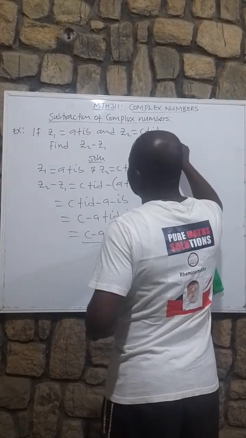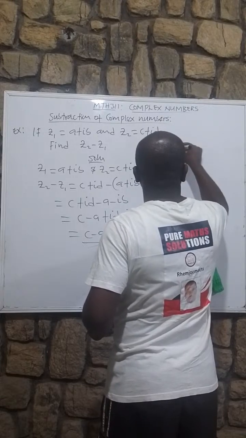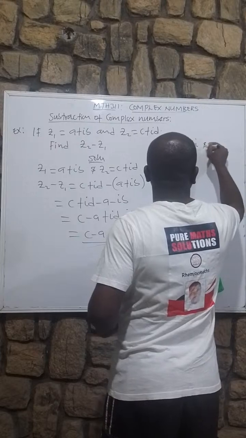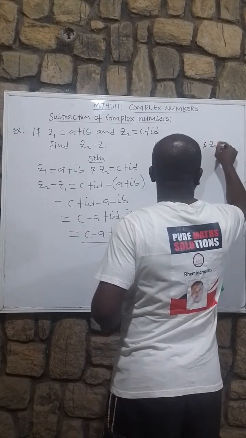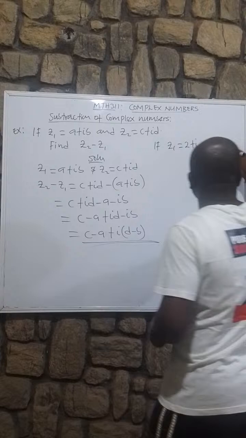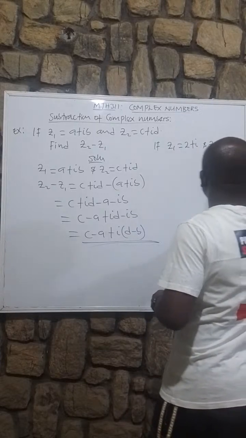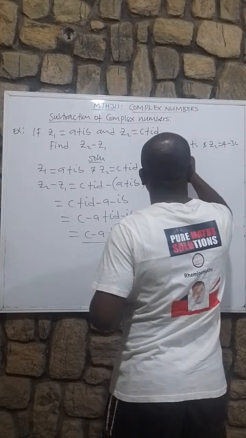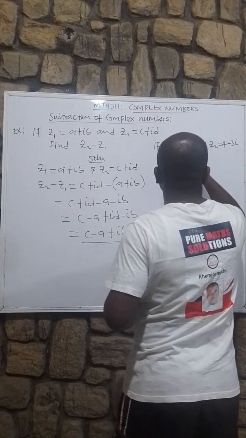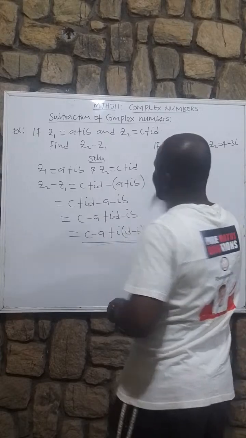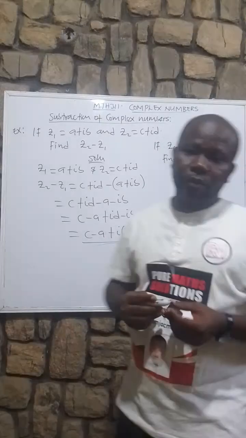If Z1 is equal to 2 plus I and Z2 is equal to 4 minus 3I, find Z1 minus Z2.